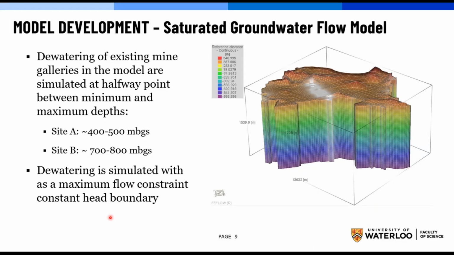So for the dewatering here, we're locating one pump at the central point of those galleries, about 400 to 500 meters at site A, 700 to 800 meters below ground surface at site B. They were simply treated as a maximum flow constraint boundary, which essentially means if water comes into that area, it's going to be extracted. Keeping track of that gives us an idea of how much water we have to remove in order to make sure that we're dewatering all of the galleries.